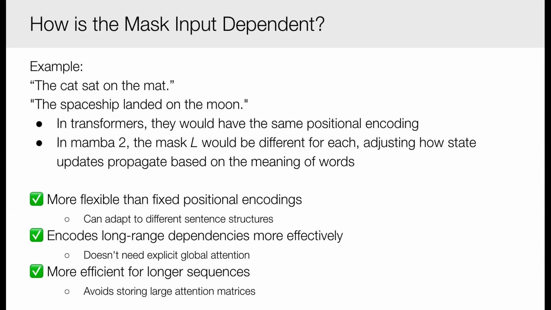So it values both of those sentences differently in terms of positional encoding alone. That's what makes it more adaptable to different sentence structures, and it doesn't need some kind of explicit global attention. So overall, it's a little bit more memory efficient and a little bit faster than transformers right now.